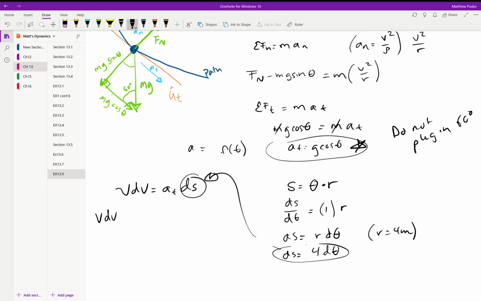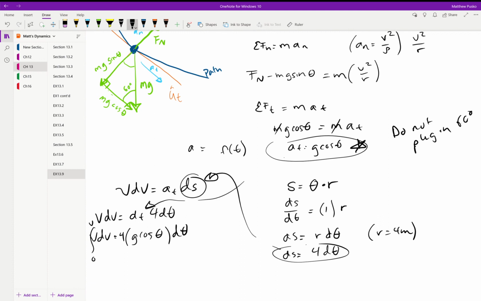So v dv is equal to a times 4 d theta. Now let's substitute the acceleration. I have g cosine theta. Let's pull the 4 out in front. And now we have the correct variable of integration, and we can carry this integral out.